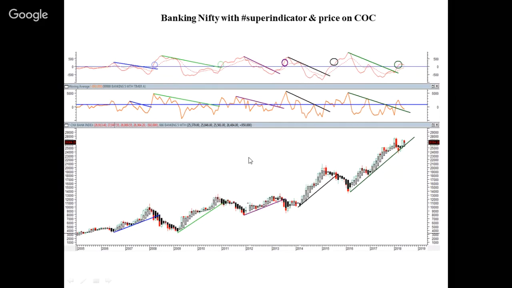There are two things to consider here. When a trend has actually started, the white candle will never be penetrated. Its lows will never be taken out, and the sizes of those candles will be big. For instance, if you take this 2009-10 period, in 2009, somewhere in April, we must have got a super indicator buy for change of trend.